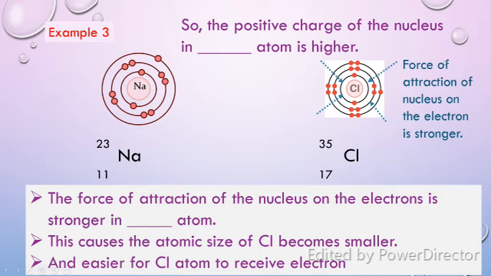This causes the atomic size of chlorine to become smaller, and it is easier for the chlorine atom to receive one more electron compared to sodium atom. So if chlorine atom can receive electron more readily, we say that chlorine has higher electronegativity, or that chlorine is more electronegative than sodium.